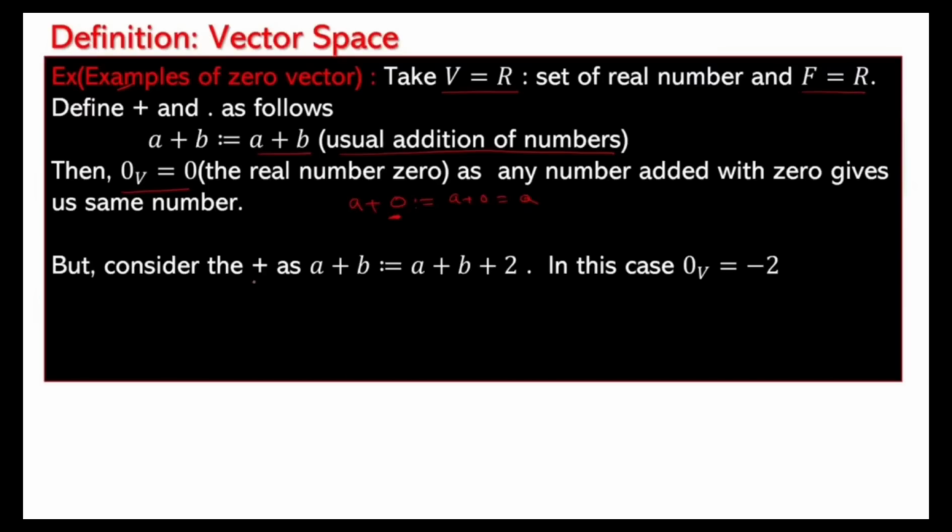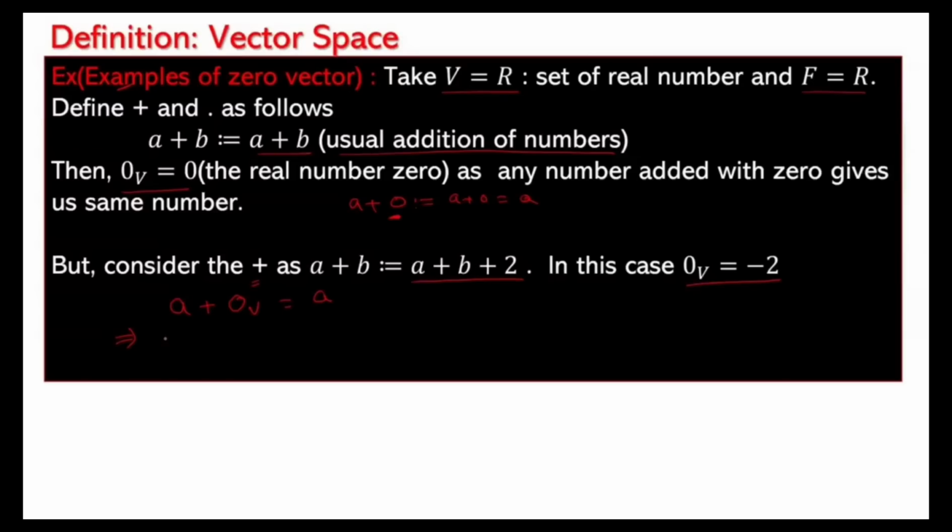Now let's define the addition like this: a plus b is equal to a plus b plus 2. In this case, 0v is equal to minus 2. How is it? Because we have to get a plus 0v equal to a.